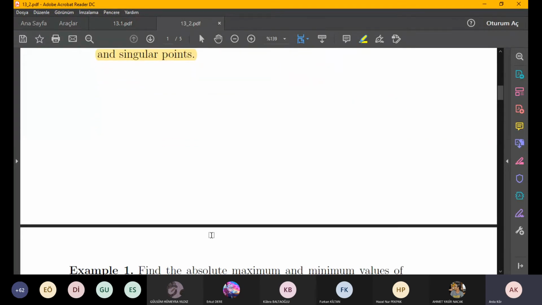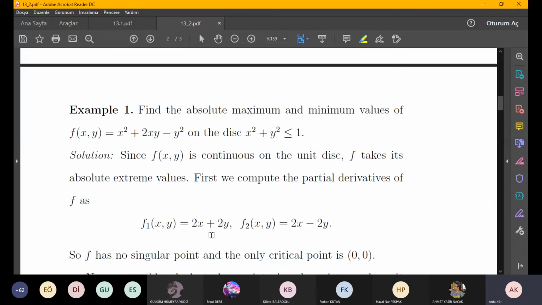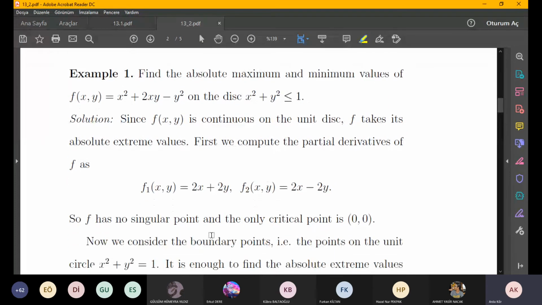Let's see, for the function x squared plus 2xy minus y squared, we will try to find, of course, the absolute maximum and the minimum value of the function on the disk x squared plus y squared smaller or equal to 1. As you can see, normally the function that we have here, f(x,y), is defined on the xy plane, so for any (x,y) in R square, right?